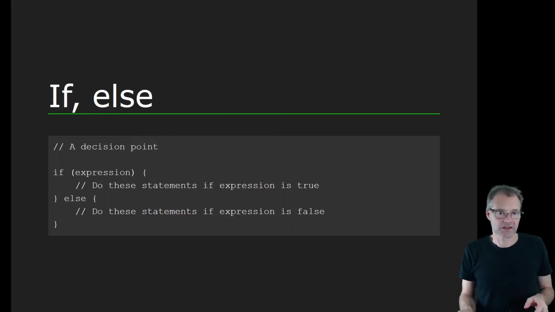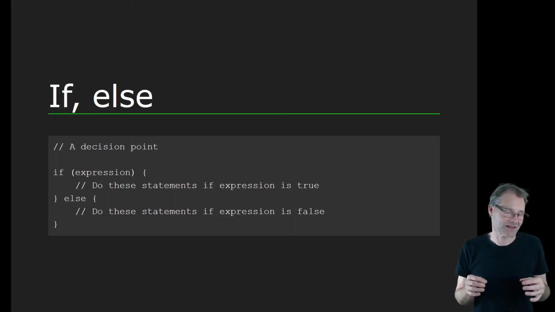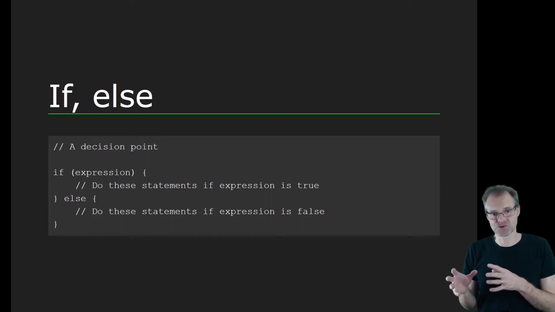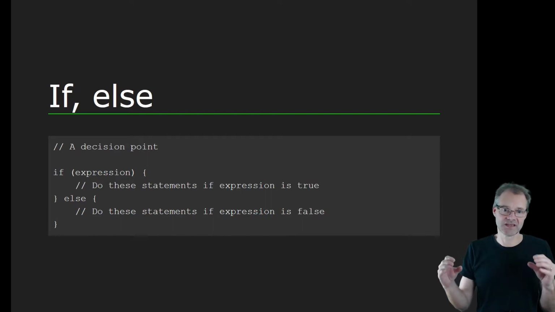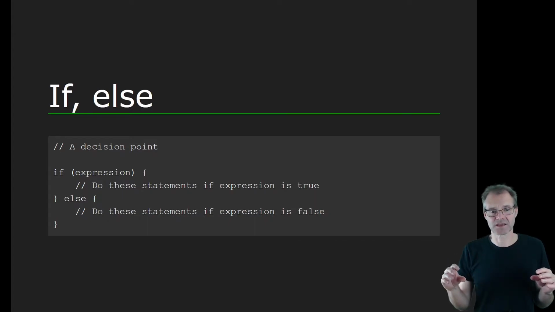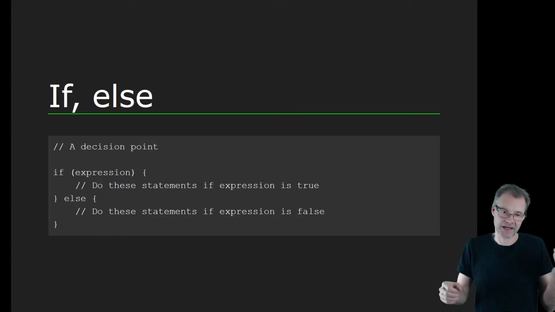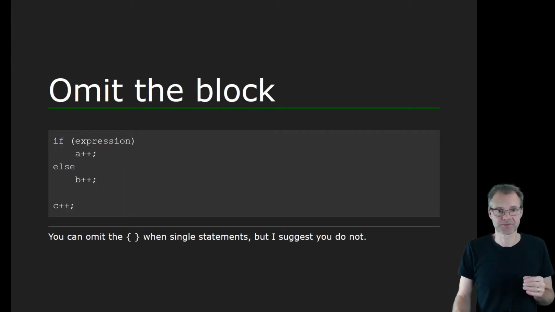So let's start with the if-else. This is typically a decision point for the language. We have an expression there. If this expression evaluates to true, then do this block of statements. Otherwise, else, do this block of statements. So it basically turns left or turns right based on one expression.